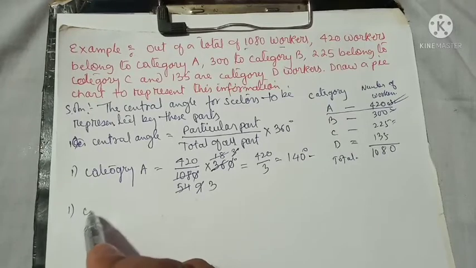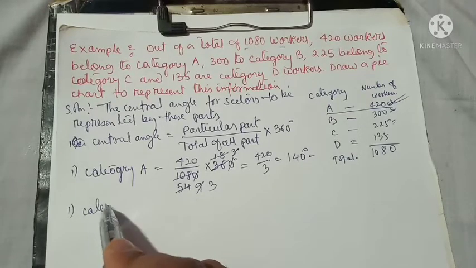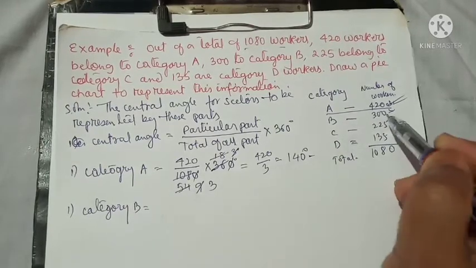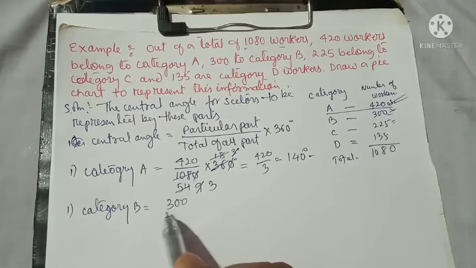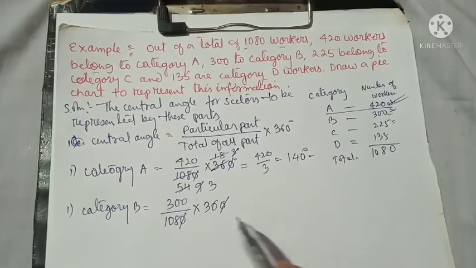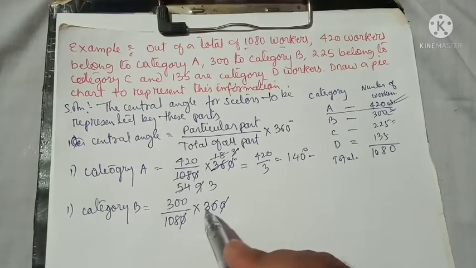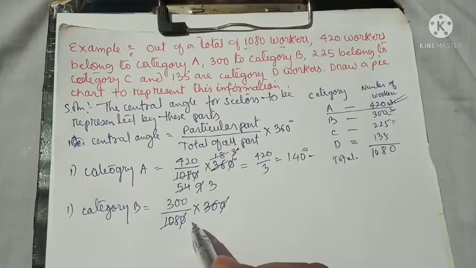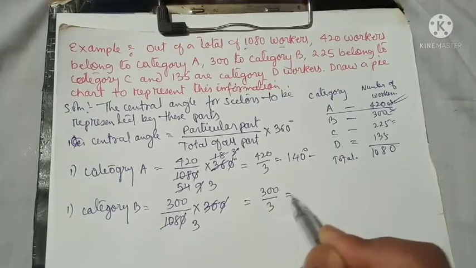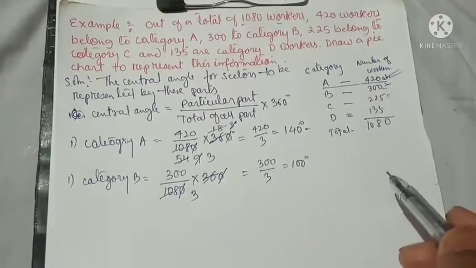Now category B: 300 divided by 1080 into 360. Now you can cut 3, 3, same thing. The answer will be 300 divided by 3, which is 100 degrees.